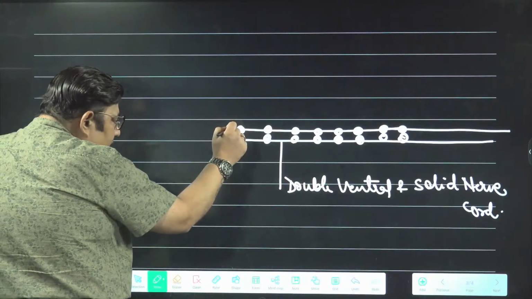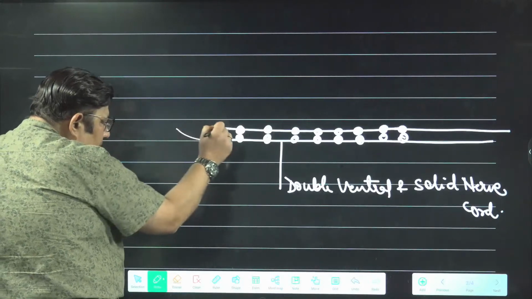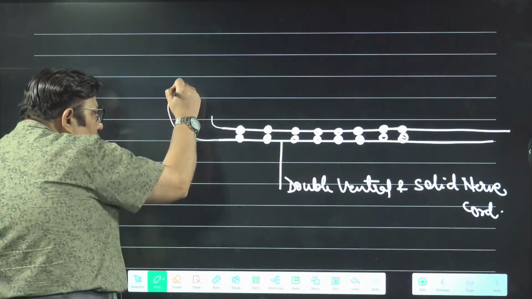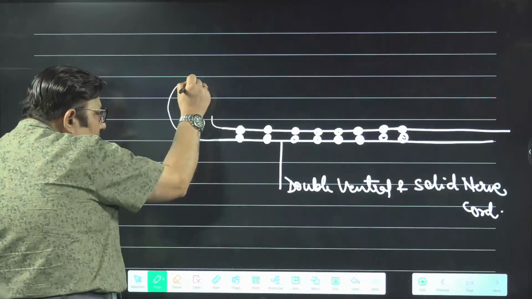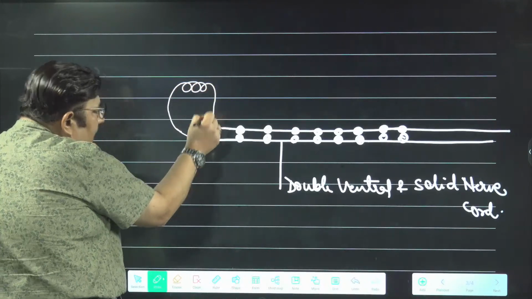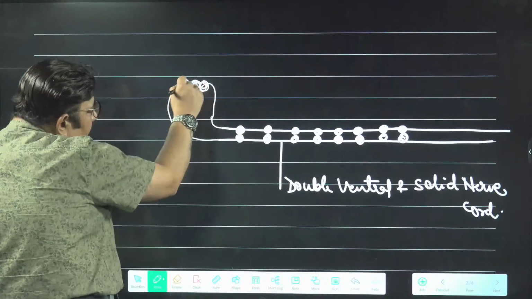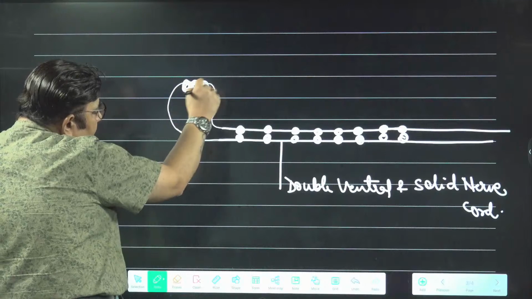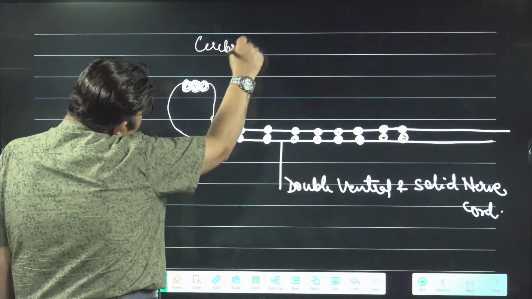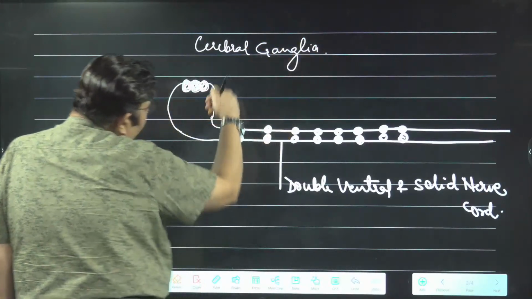In the anterior region, these two bifurcate and they join the dorsal ganglia, which are present dorsally, and these ganglia represent the brain. Therefore, we can call them cerebral ganglia.